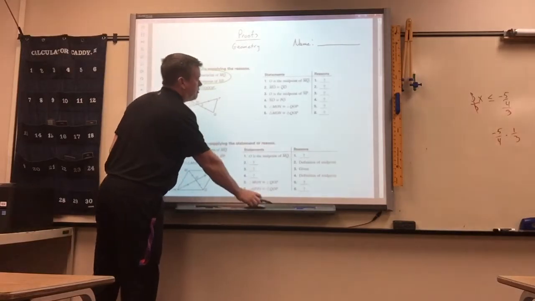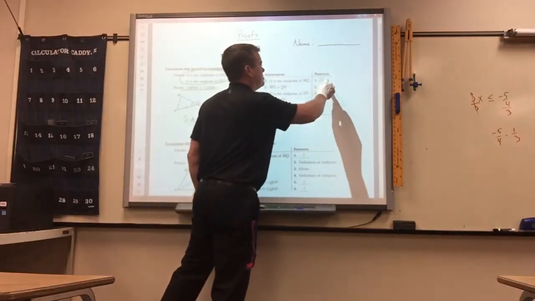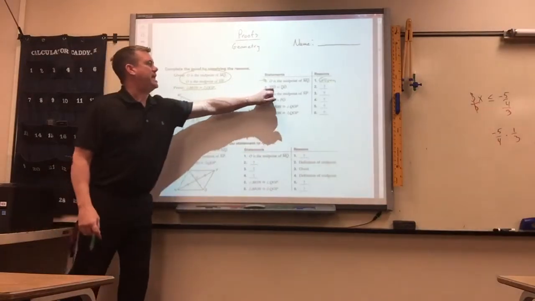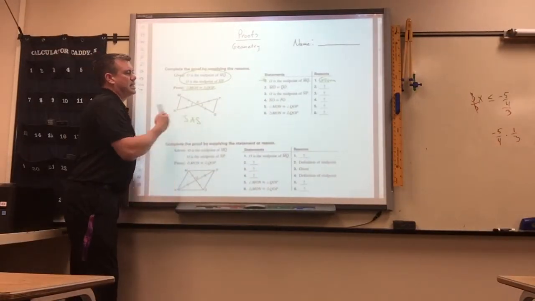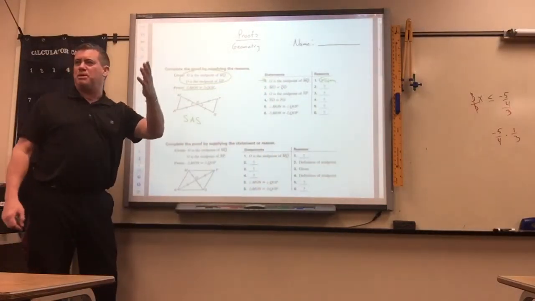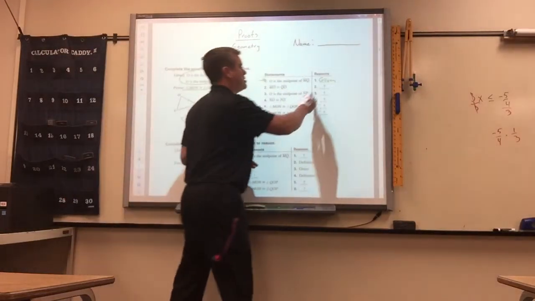So, in your proof, they started off with one of the givens, and then they put in there that MO is congruent to QO, there and there. Now, what's the reason why we know? Definition of midpoint. If O is the midpoint, that means it cuts it into two equal pieces.